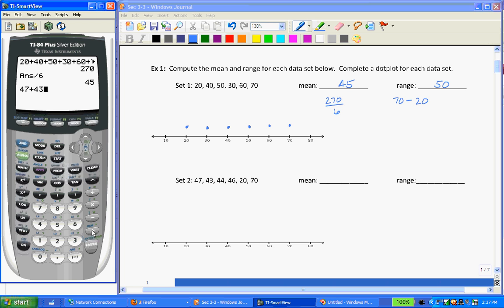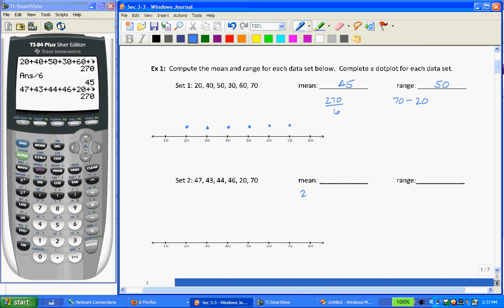So 47 plus 43 plus 44 plus 46 plus 20 plus 70 gives us 270 again. So we actually got the same mean. And for our range, looks like we have 70 as our high and 20 as our low again, for a range of 50. But let's plot our points.